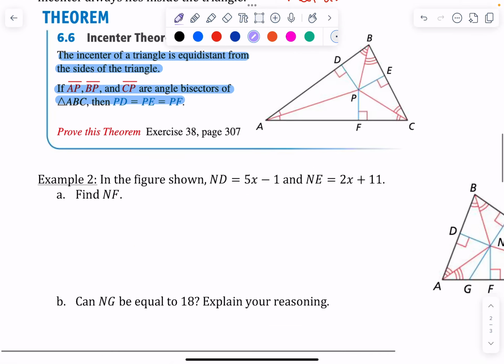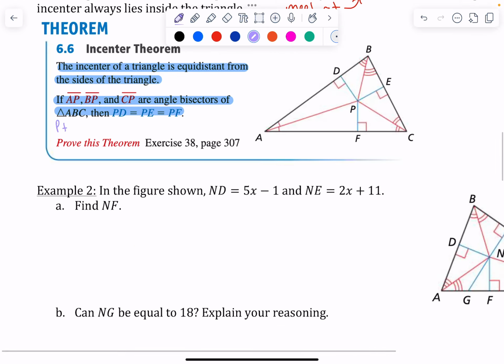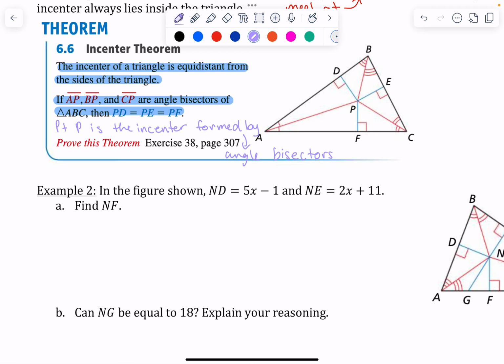Okay. Here, point P is the incenter, and it's formed by angle bisectors. Okay, a lot of information to know in this lesson.